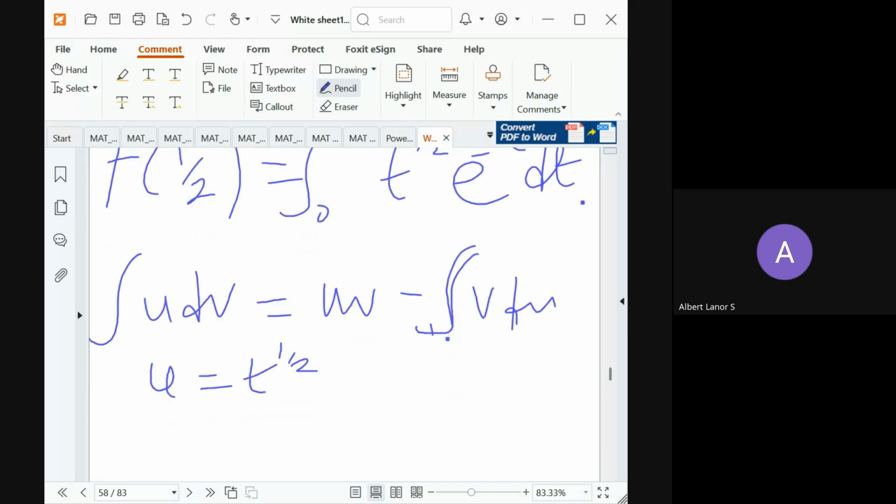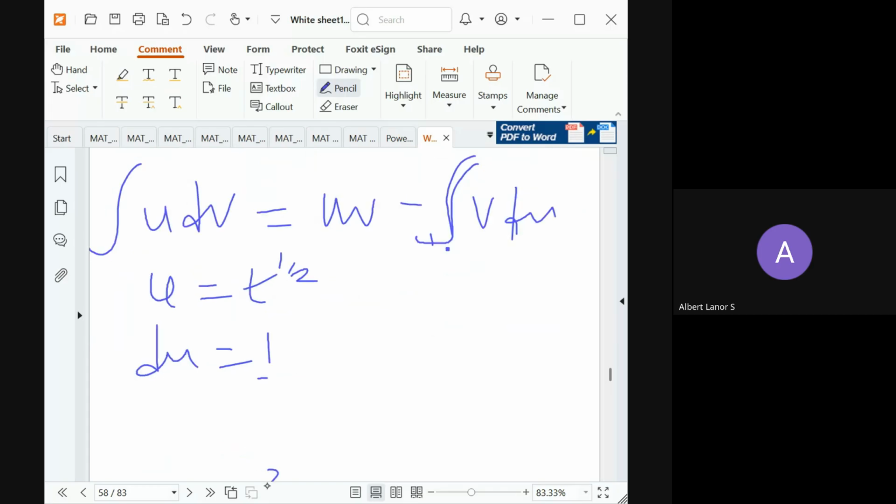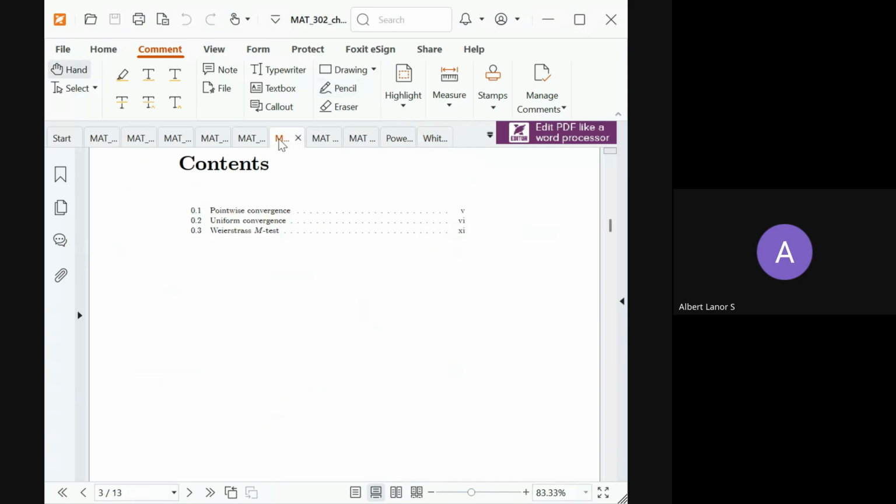Then you differentiate it. You have du is equal to half t to the minus half dt. So you use integration by parts.